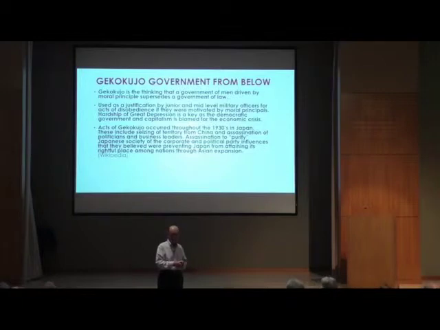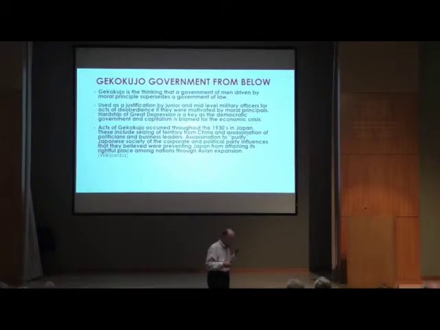A Zaibatsu is a Japanese industrialist, a capitalist in effect. So Gekkokujo is used, again, moral principle supersedes law. And the biggest piece with this is they're trying to get Japan to achieve its rightful place among the nations of the world. Rightful is a key word.